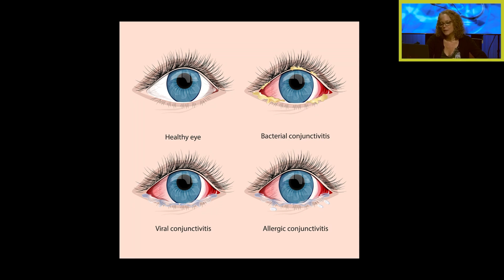So those are the different types. The one that we're most familiar with is bacterial conjunctivitis, which we also call pink eye, which usually requires an antibiotic eye drop from the doctor's office.